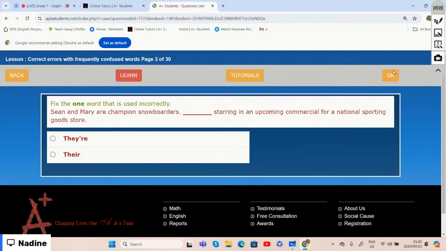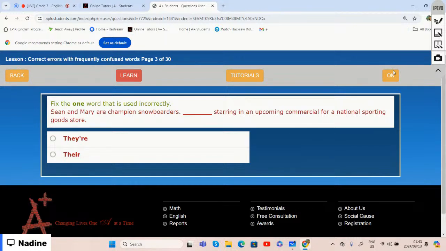One O, that is lose weight, right? If we go to the next one, it says Sean and Mary are champion snowboarders. Do we say option one, they're, or option two, their, starring in an upcoming commercial for a national sporting goods store?